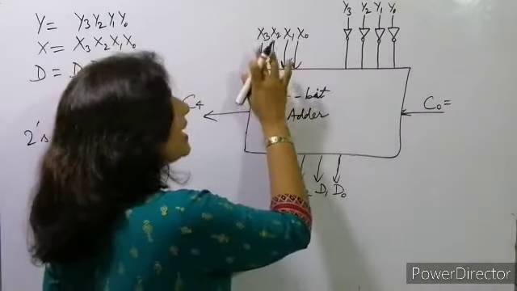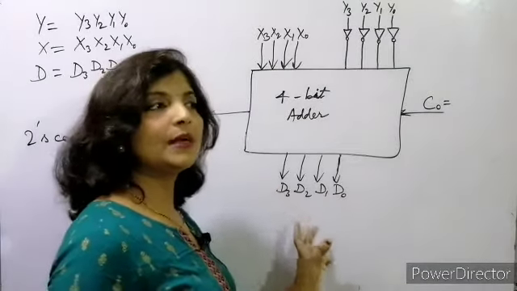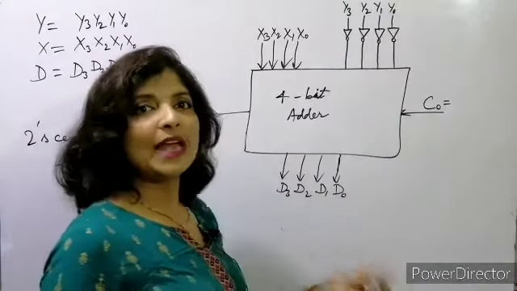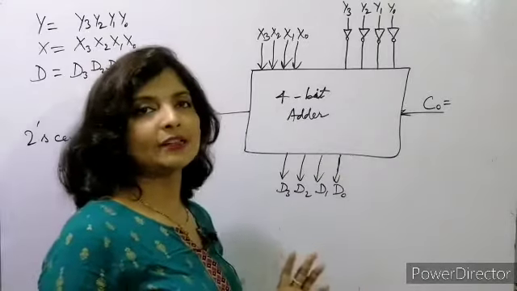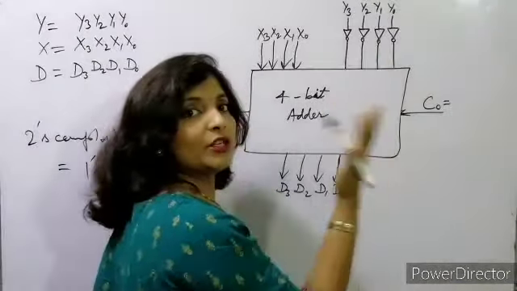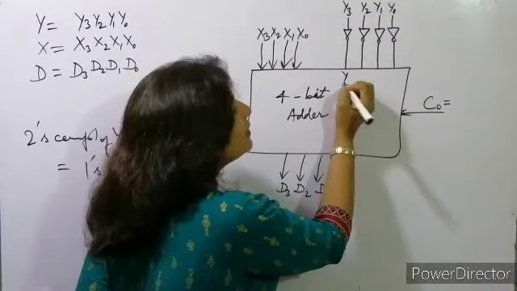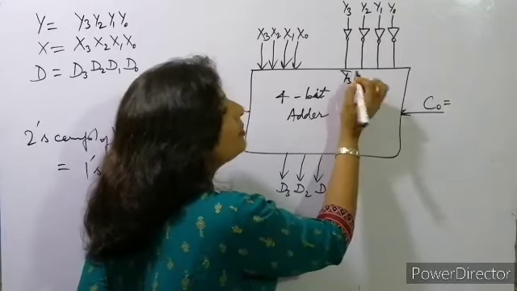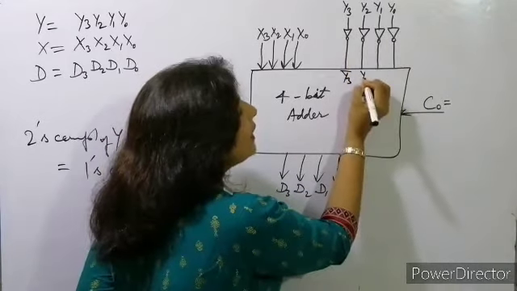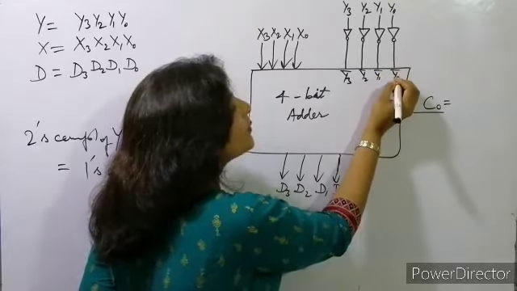So in x3, x2, x1, x0 there is no change, because this is the number from which we have to subtract the other binary value, that is y. But y we have to subtract, so we'll use 4 inverters here. So y3 inverted, okay. Here we'll get y3 complement, here y2 complement, y1 complement and y0 complement, okay.